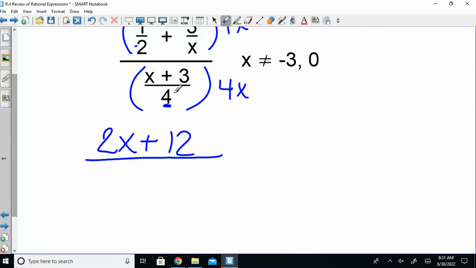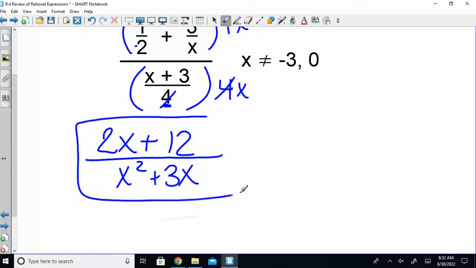On the bottom, the 4's cancel. So we really just have to distribute the x. x squared is just 2x. So that's a little shortcut to clean up when you have fractions and fractions. That's our final answer.